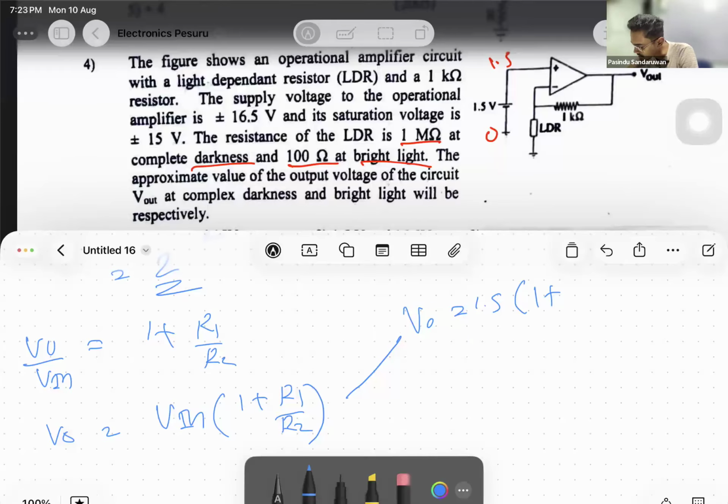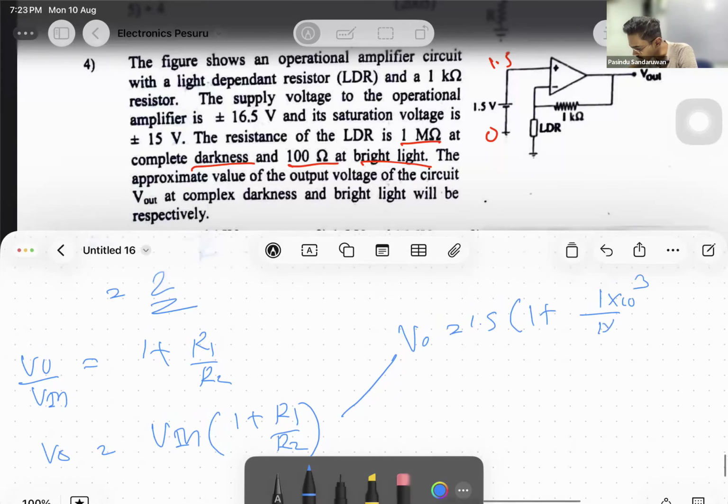Then 1 plus R1, which is 1 kilo ohm, over 1 mega ohm. 1 kilo ohm means 10 to the power 3, and 1 mega means 10 to the power 6.